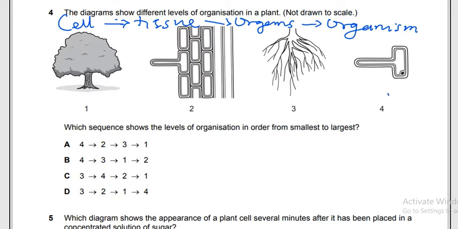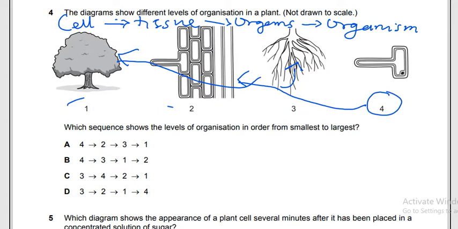So here 4 is a root hair cell. From the root hair cell we have the root hair tissue. Then we have the root before you have the organism, which is called a plant. So the level of organization in this case will be from letter 4 to 2, 2 to 3, then 3 to 1. So the answer to this question is A.